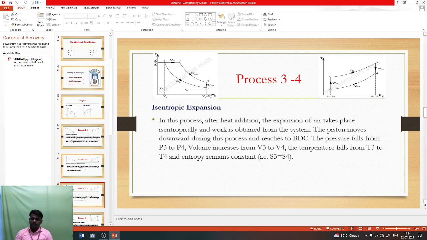At the same time you can see our TS diagram, the temperature-entropy diagram. In that diagram also the temperature decreases from T3 to T4, and in this case the entropy should be constant. S3 is equal to S4.